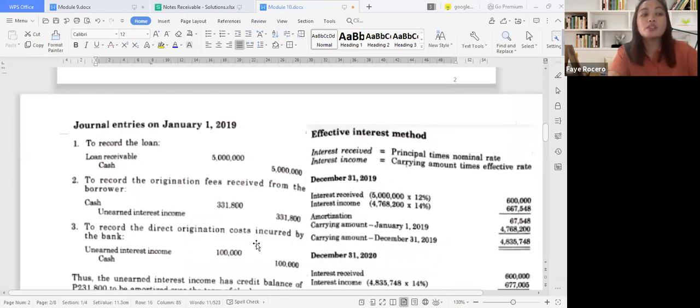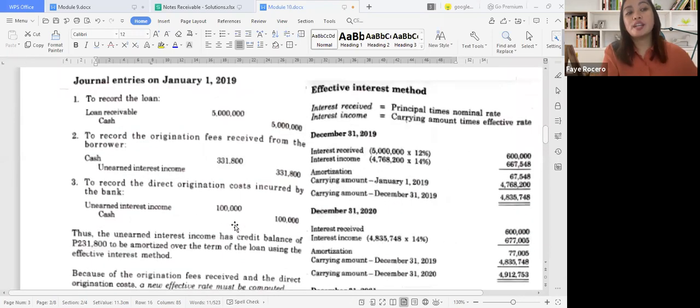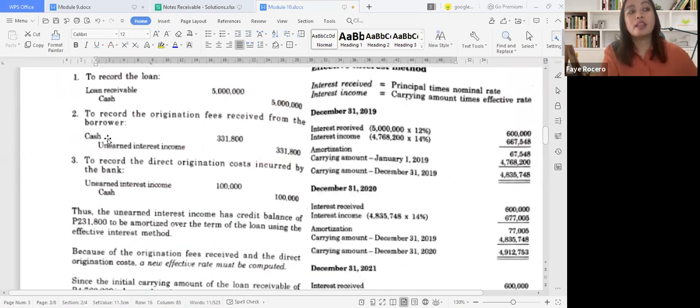To record the direct origination costs incurred by the bank, so other transaction costs, debit unearned interest income, credit cash. So for this case, what happened? The normal balance of unearned interest income, take note, is credit balance. So 331,800 was reduced by 100,000. 231,800 is now the credit balance of unearned interest income.